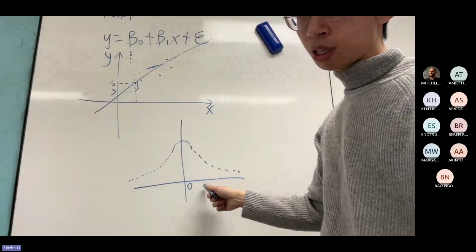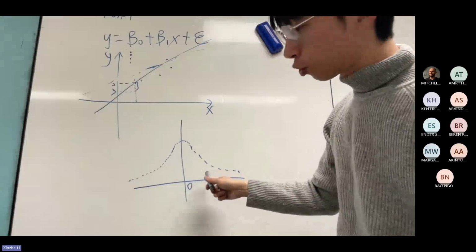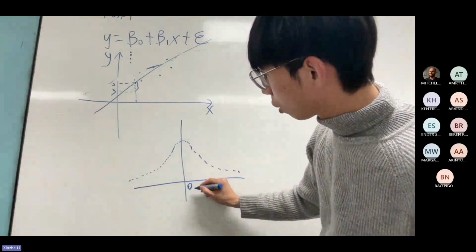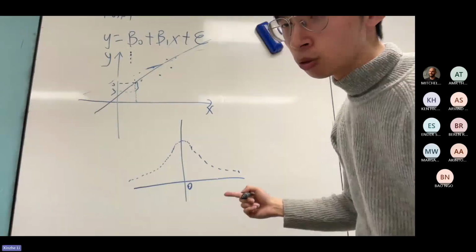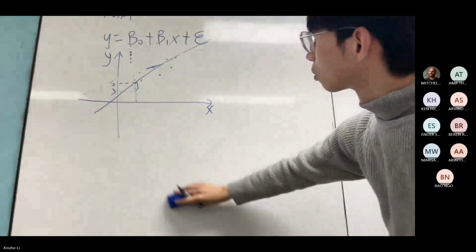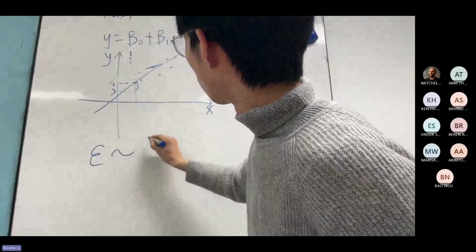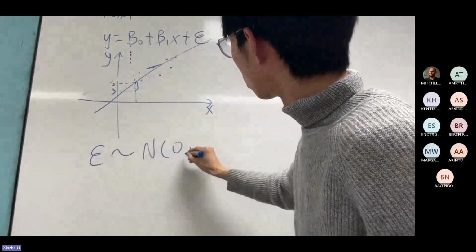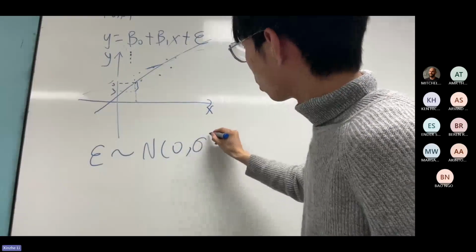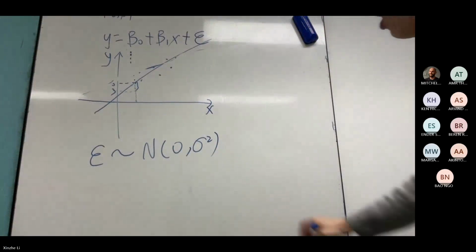We can assume epsilon follows a normal distribution, and the mean is 0. So now I can say epsilon follows a normal distribution. I don't know the variance, but I know the mean is 0.